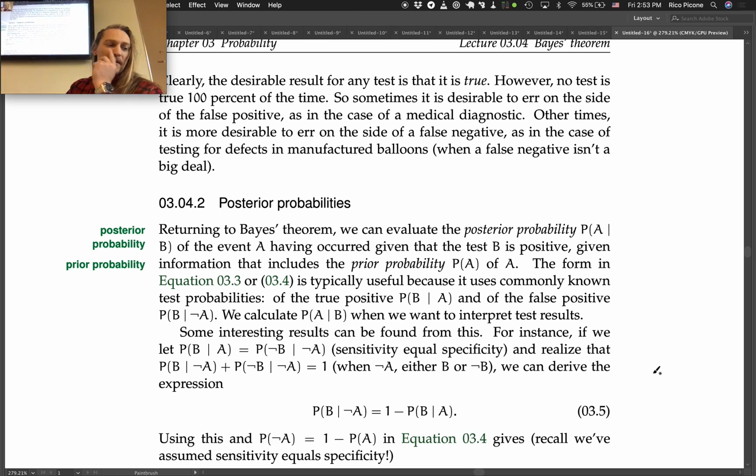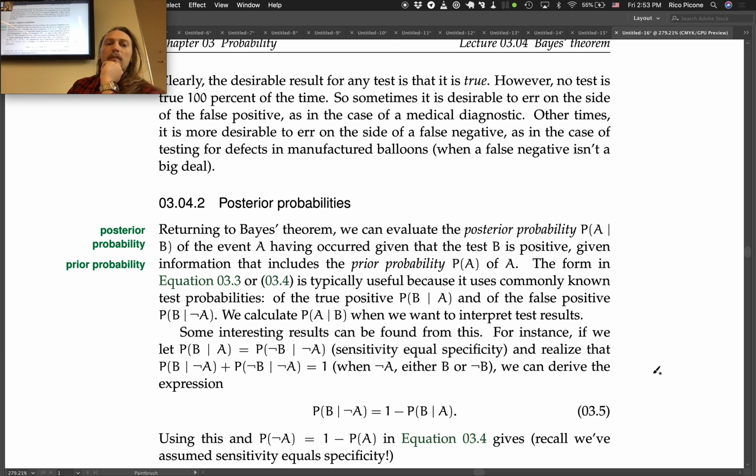Returning to Bayes' theorem, we can evaluate the posterior probability of A given that B, of the event A having occurred given that the test B is positive. We can do that given information that includes the prior probability, which is the probability of A, of the event A occurring.